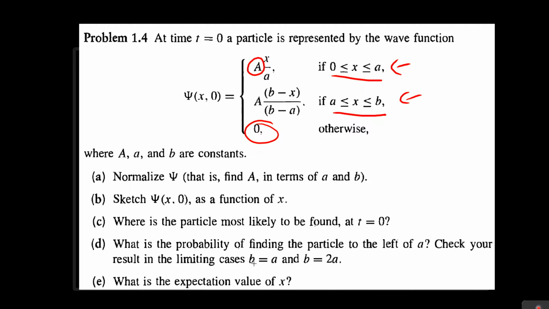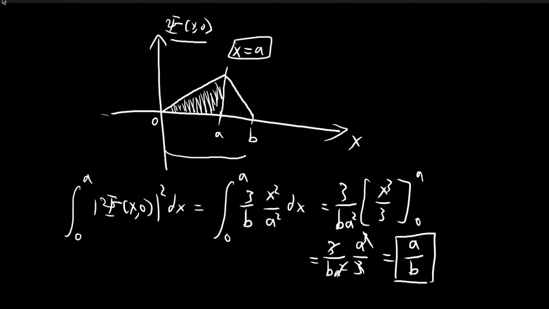And note that we're also asked to check these two limits. So first we need to check the limit where b is equal to a. So first think about what would happen when b is equal to a. When b is equal to a, you can imagine just moving this point b over to a. So in the end you're going to get something like this. And so you can see that the region from 0 to a is actually the entire triangle.